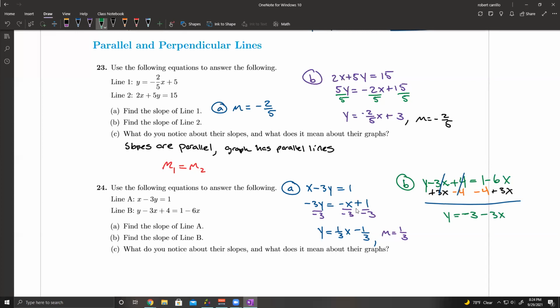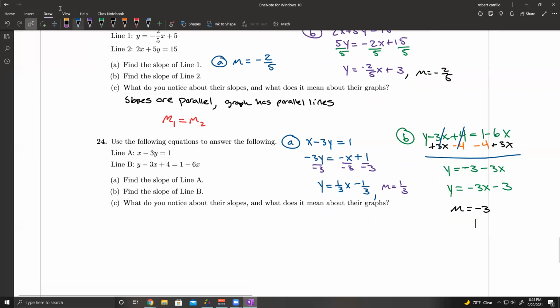Okay, now I said I like to put the x's first, so we can just simply rearrange it as y equals negative 3x minus 3. Okay, perfect. And what is my slope here? Negative 3. Okay, awesome. So we see that slope 1 is 1/3 and slope 2 is negative 3. What do you notice about these?